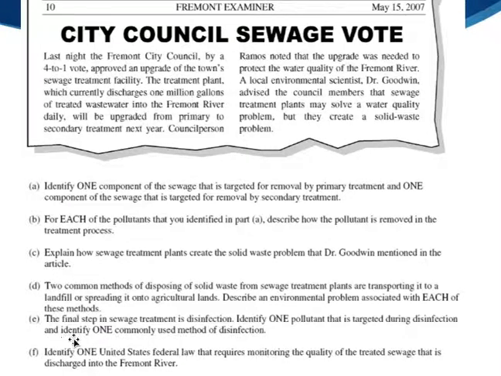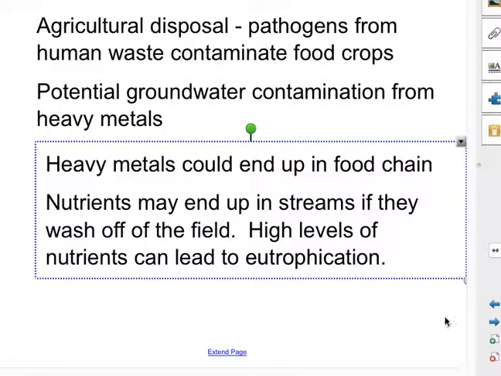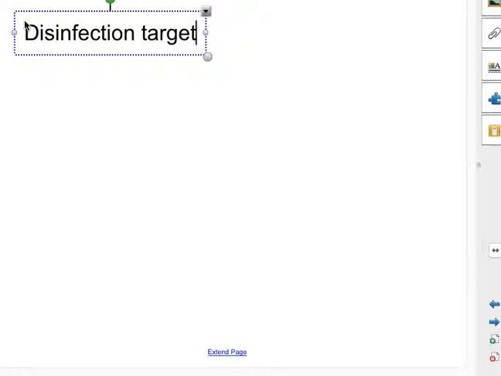Let's read part E. The final step in sewage treatment is disinfection. Identify one pollutant that is targeted during disinfection and identify one commonly used method of disinfection. All right, let's take a look at that. So, pollutants. I mean, we're talking about pathogens primarily. So disinfection targets E. coli bacteria.